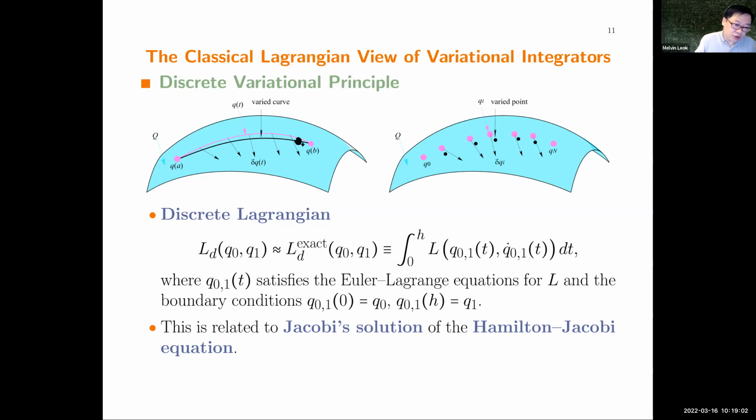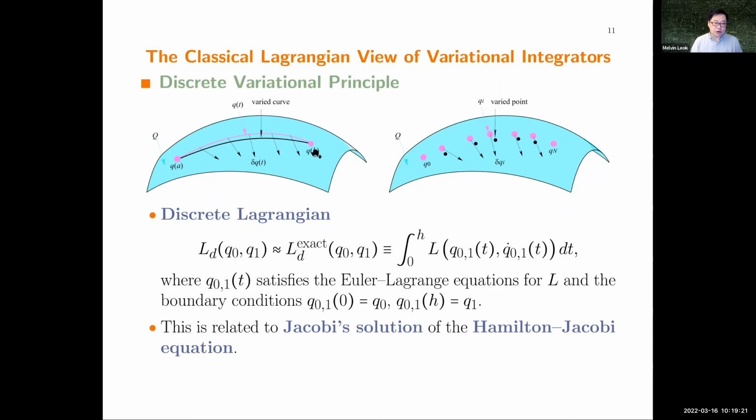What we mean by extremizing is that if you perturb the actual trajectory slightly while keeping the endpoints fixed, the action will be stationary with respect to first order variations.